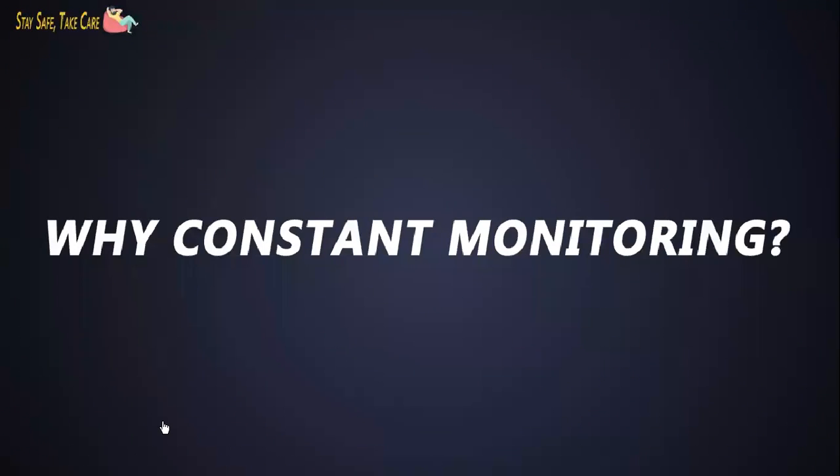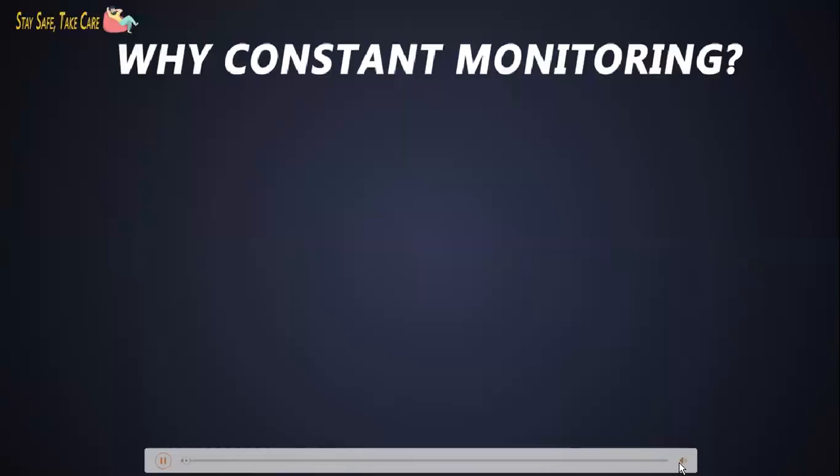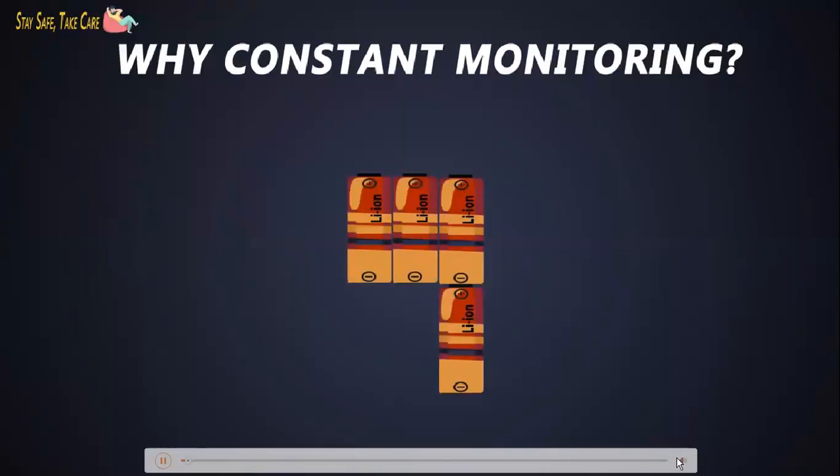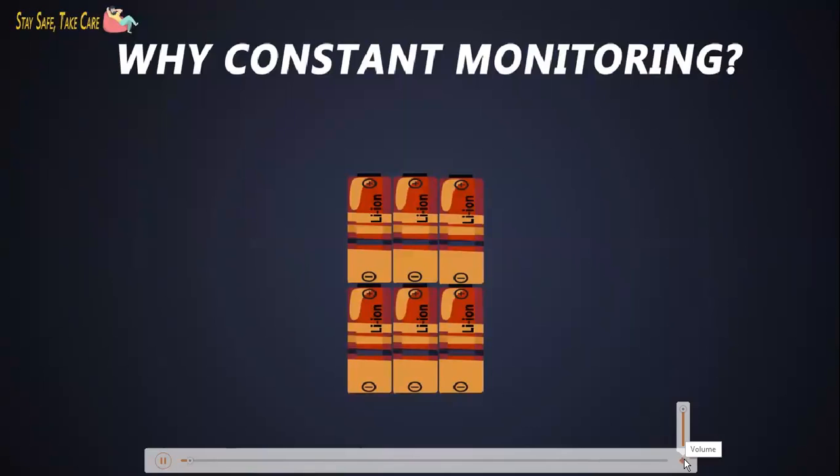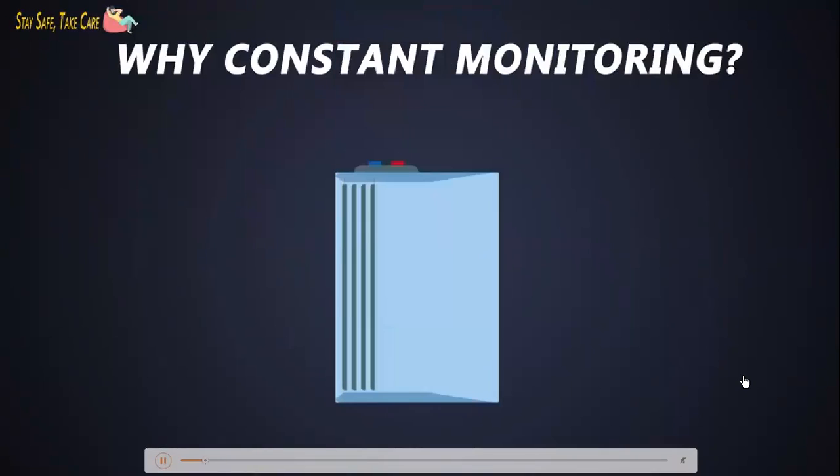Whenever we talk about the battery management system, first we will see why a battery monitoring system is required. The battery consists of a series of lithium ion cells having different voltages across their terminals.